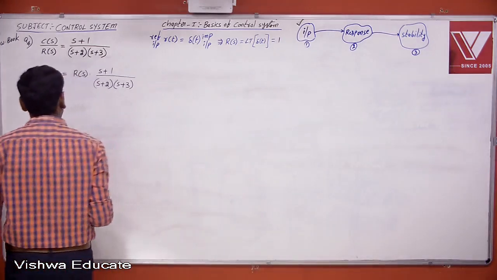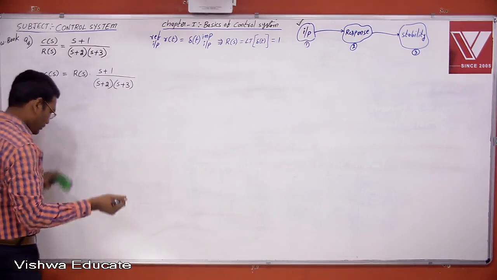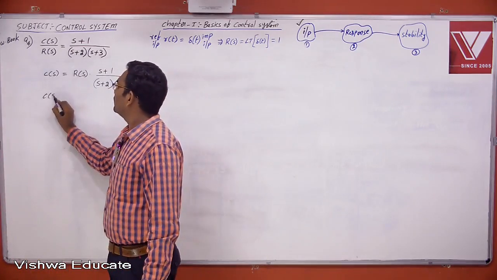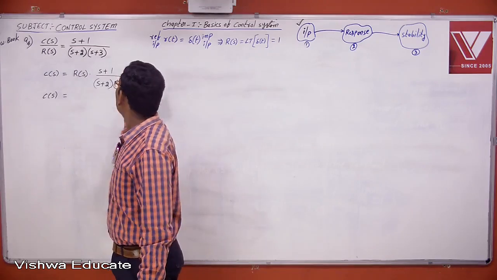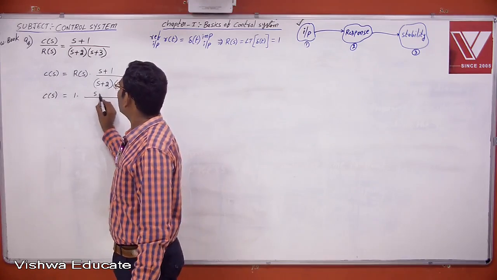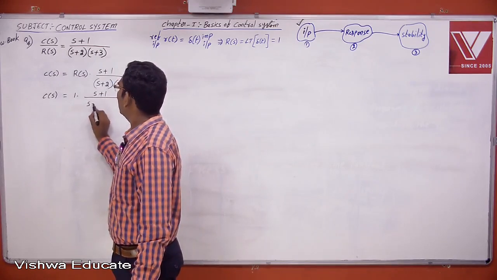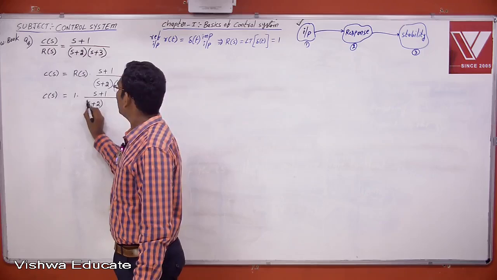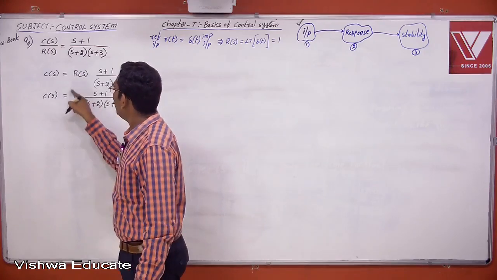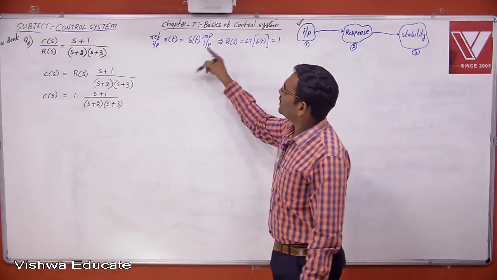Therefore, now see here, C of s, which is equal to R of s times 1 by (s plus 2)(s plus 3). Now if R of s equal to 1, which means you are applying which input?